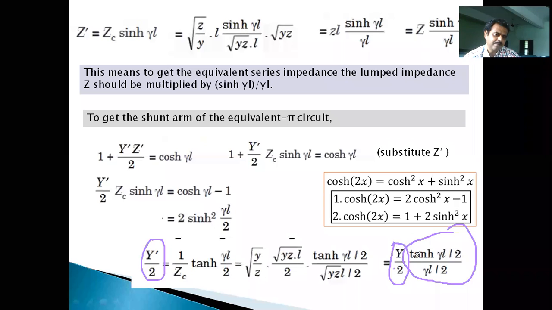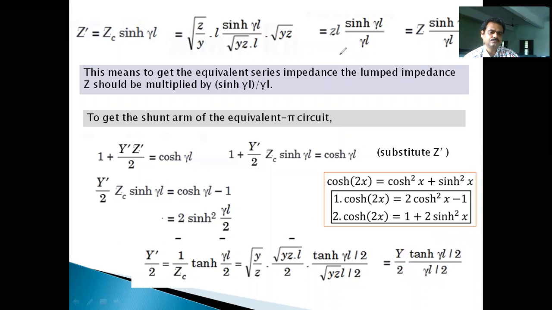So if we multiply with tanh gamma L by 2 whole divided by gamma L by 2, these lumped parameters can be converted into equivalent admittance in case of long transmission lines. So please note down, these are very, very important values.